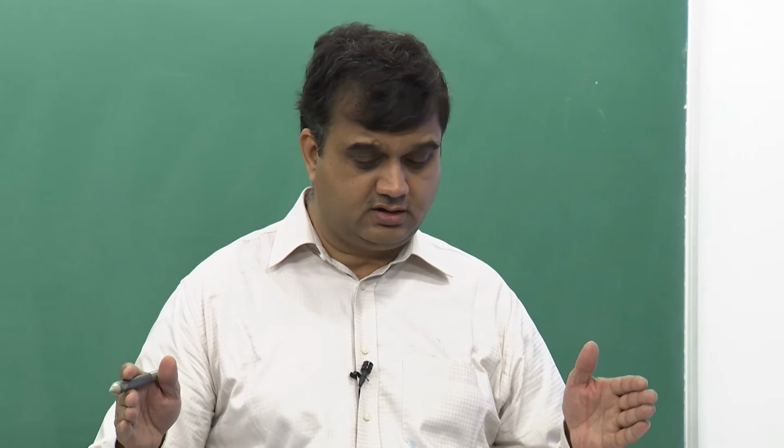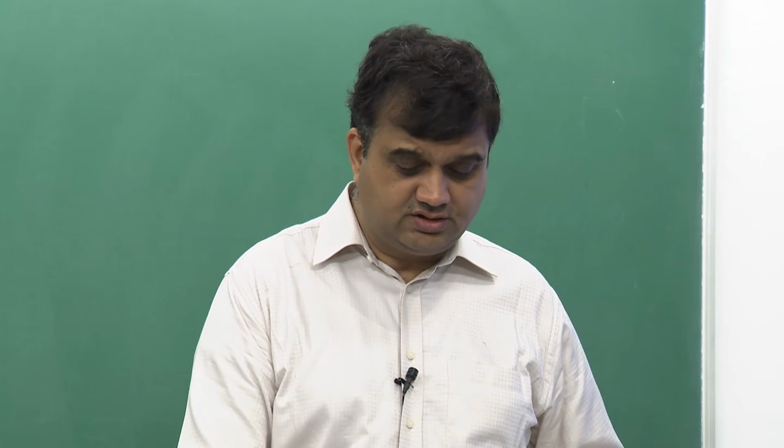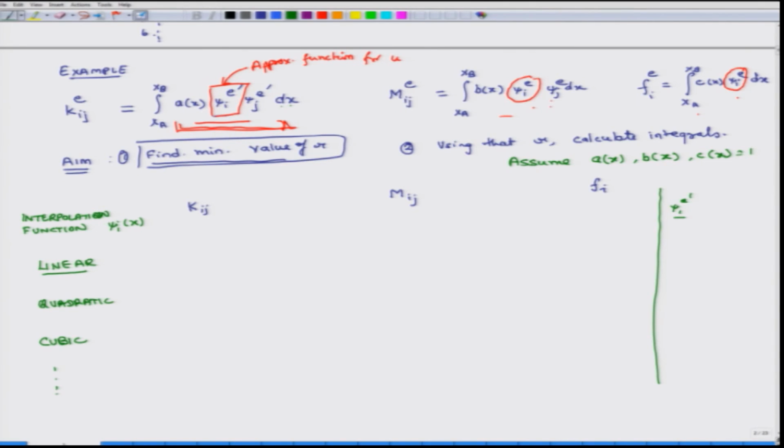So, dx transforms into J times d zeta, and the order of that is still 0. The order of psi_i prime and psi_j prime is also 0.